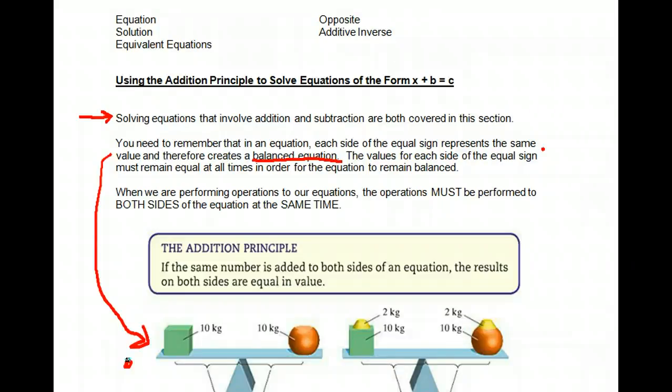If you remove weight from the left-hand side, if you subtract weight, then the right-hand side would drop. So you must remove or subtract weight from that right-hand side in order for you to balance that scale again.